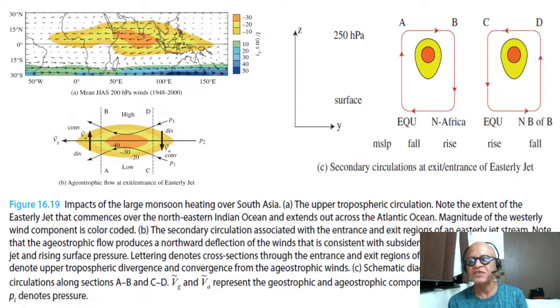Schematic diagram of the induced secondary circulations are shown here as cross sections AB and CD. So V bar G, V tilde G, V tilde A represent the geostrophic and ageostrophic components of the velocity respectively, and PI correspond to the pressures.